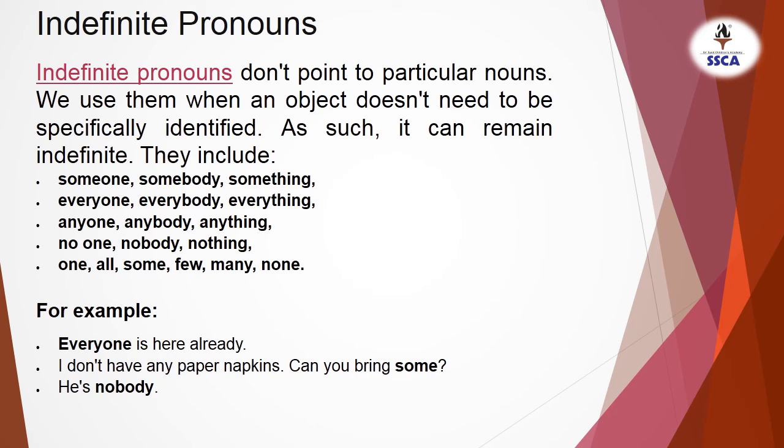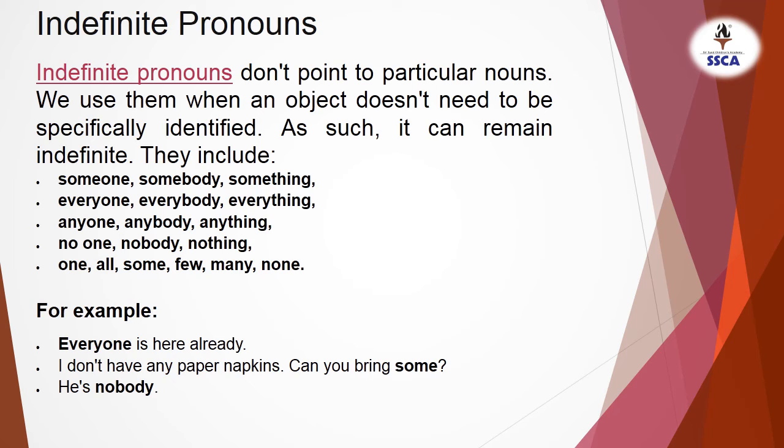For example, everyone is here already. Everyone is an indefinite pronoun. I don't have any paper napkins, can you bring some? Here, some is an indefinite pronoun. He is nobody. Here, nobody is an indefinite pronoun.